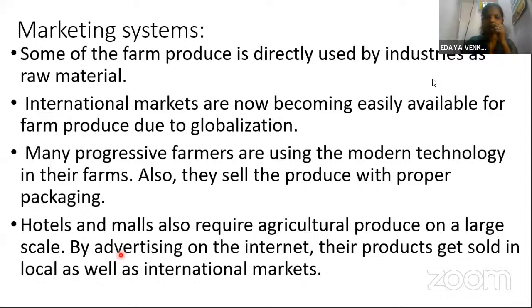By advertising and internet, their products get sold in local as well as international markets. So farmers can advertise their products on the internet and sell to hotels and malls directly, and they can also sell their local product in international markets.